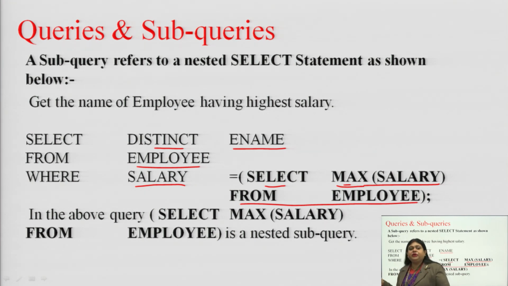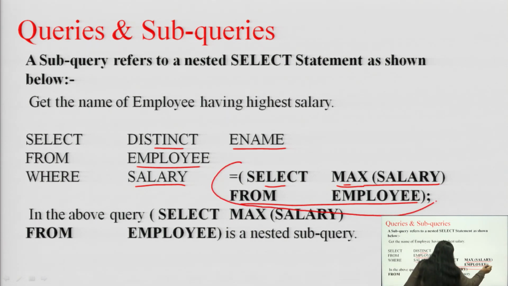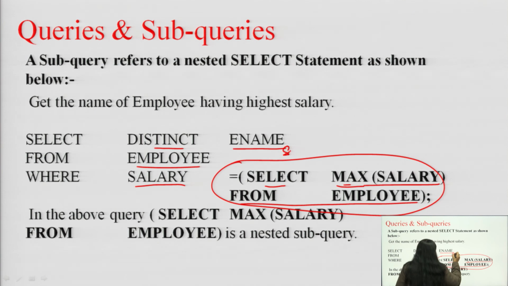So, what is this query actually doing? This is a typical example of a subquery. And what is the subquery? This is your subquery. Now, what is this subquery doing? It is basically finding out that employee who is having the maximum salary. From that, it is giving the data to the parent query.